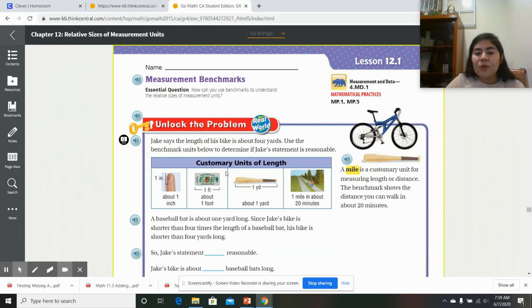Sorry. So when you see customary, that means here in the United States. Now you'll see metric too. Everywhere else in the world they use that. That's why sometimes in cars or in word problems you see kilometers and miles, right? It's different. They measure the same thing, but the way we measure it is different in the United States and other countries. So we'll learn both. We'll learn about customary units and also the metric unit.